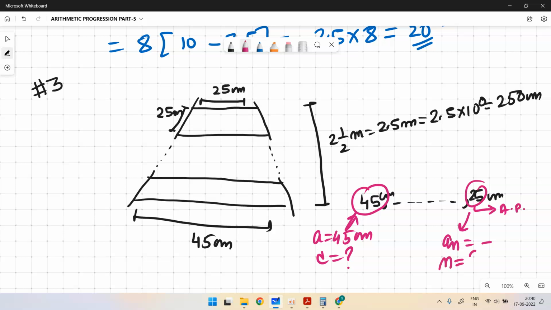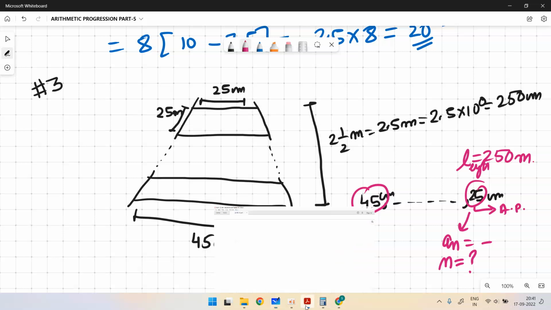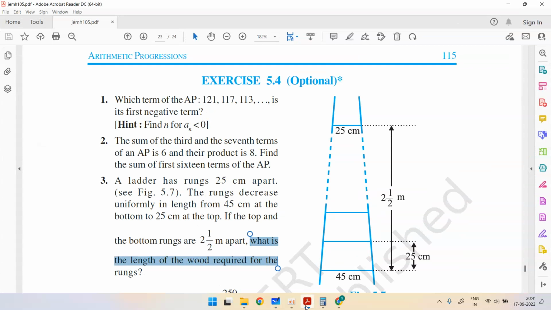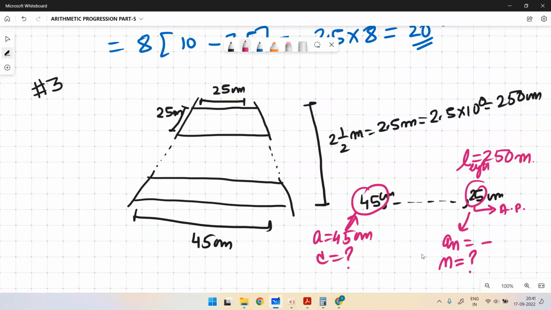Also n you don't know, but the length is known, this is 250 centimeters. The rungs are 25 centimeters apart.